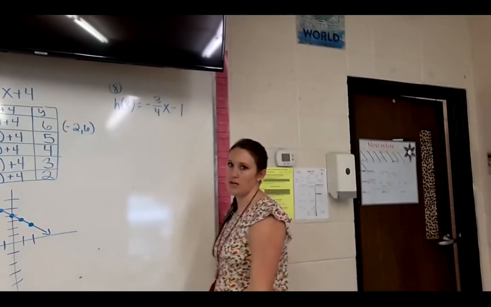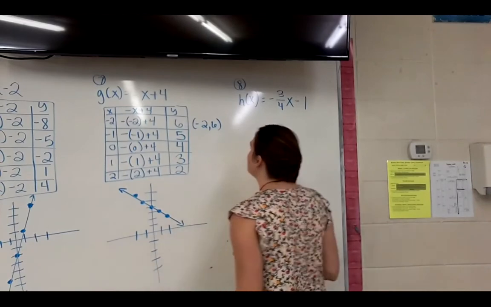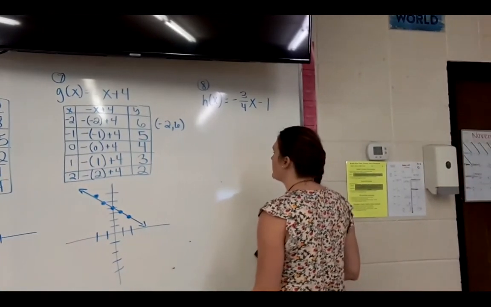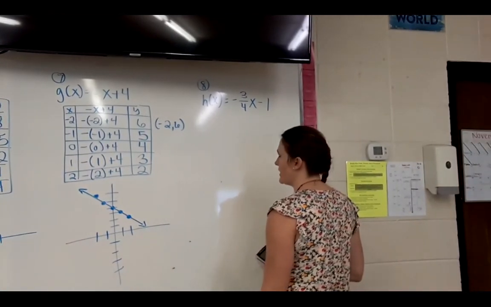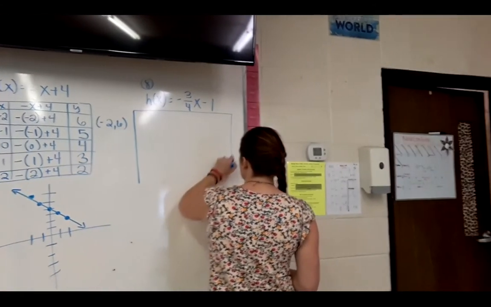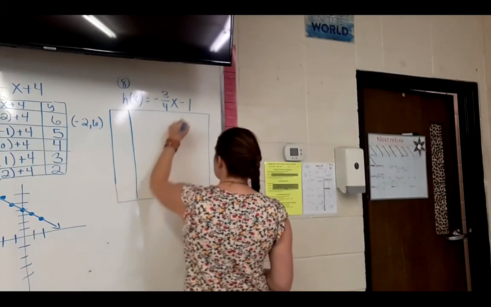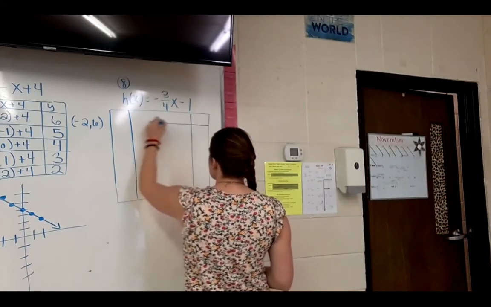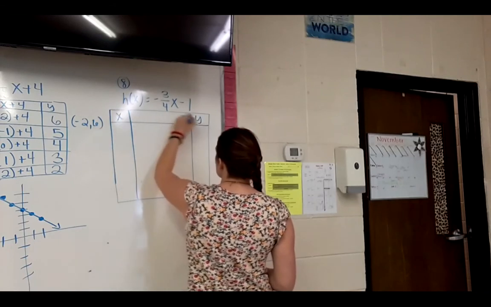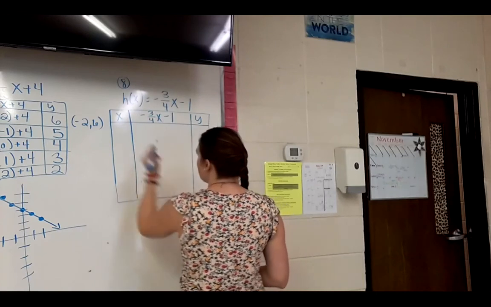Okay, last problem, I'll let you see a little better. Problem number 8, we have h of x equals negative 3/4 x minus 1. Let me see if I can do a little bit better table here. So this one, my rule is negative 3 over 4 times x minus 1.